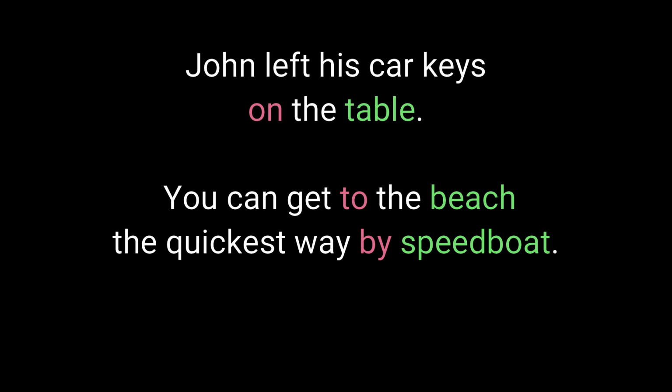Therefore, it functions as an object of the preposition. You can get to the beach the quickest way by speedboat. Beach is a noun that comes after the preposition to. Speedboat is another noun that comes after the preposition by. Therefore, beach and speedboat are both functioning as object of the preposition.